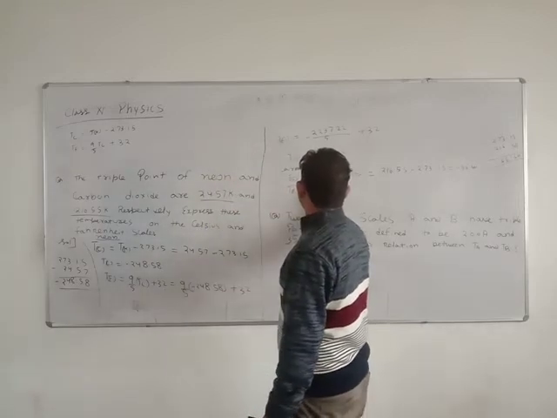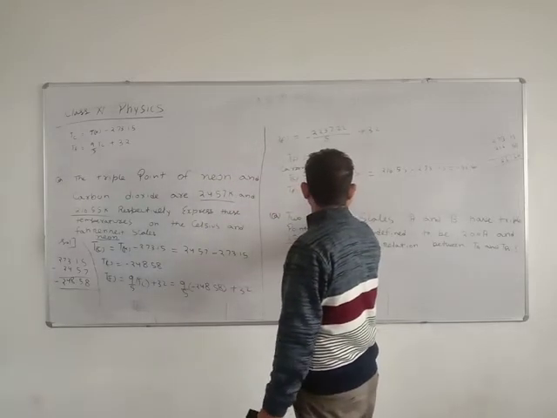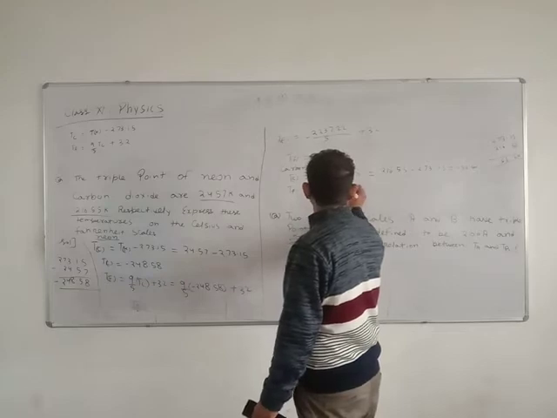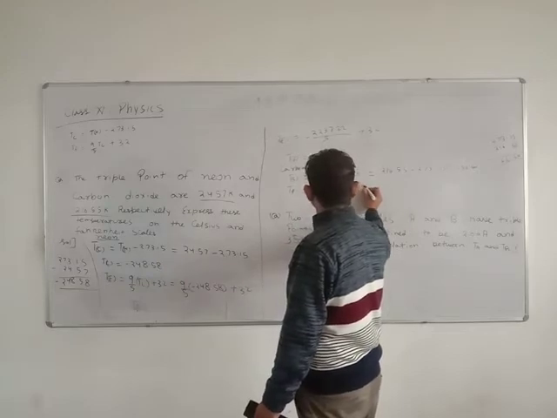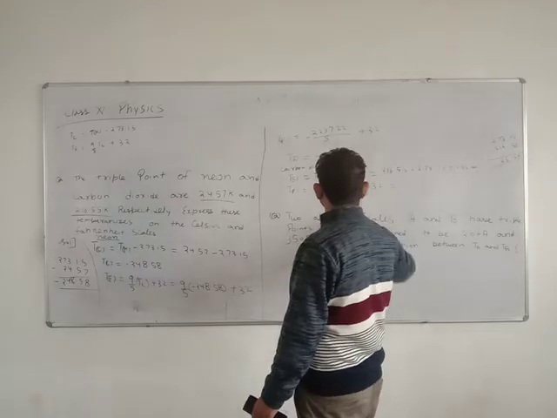the formula is 9/5, and the value of Tc is minus 56.60, plus 32.